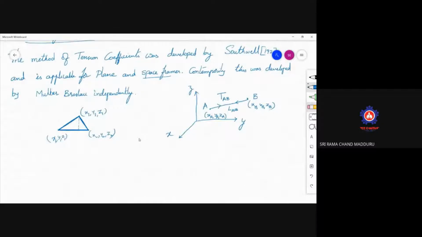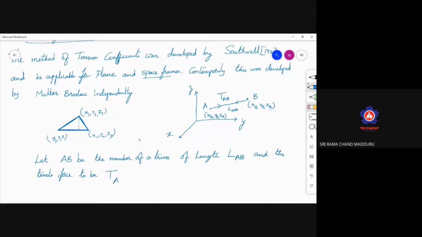Now write down here. Let AB be the member of a truss of length LAB, and the tensile force to be TAB, the tension force.